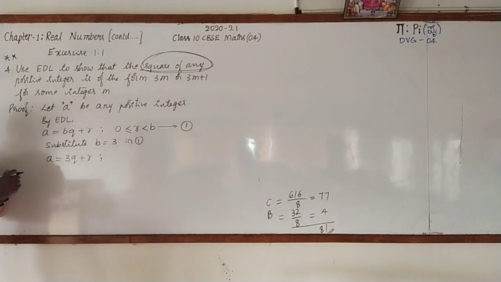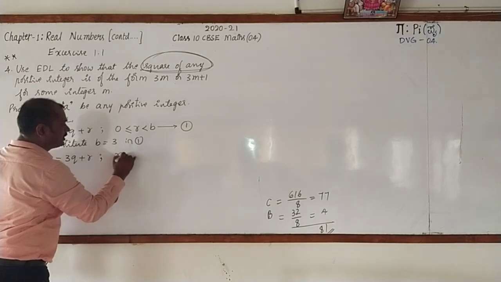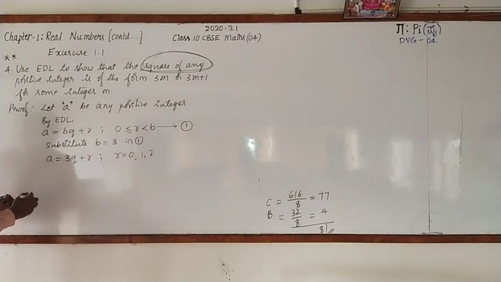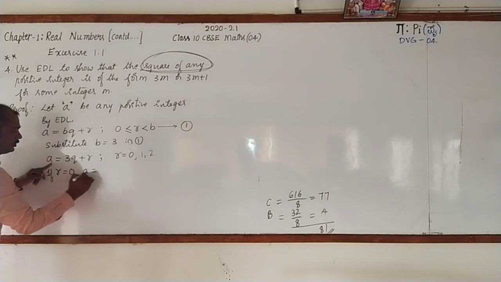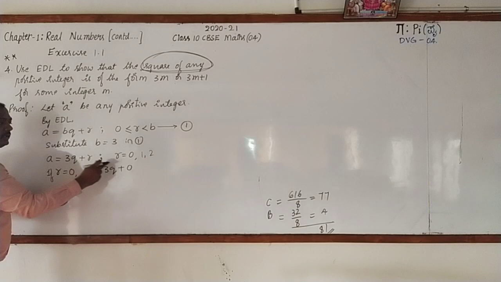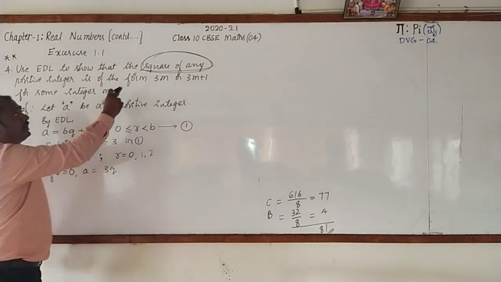What is the divisor here? Yes, 3. Then what are the possible remainders? The possible remainders are 0, 1 and 2. Now let us go for taking one by one. If r equal to 0, remainder is 0, then a equal to 3q plus 0. So just write 3q. What has been given?